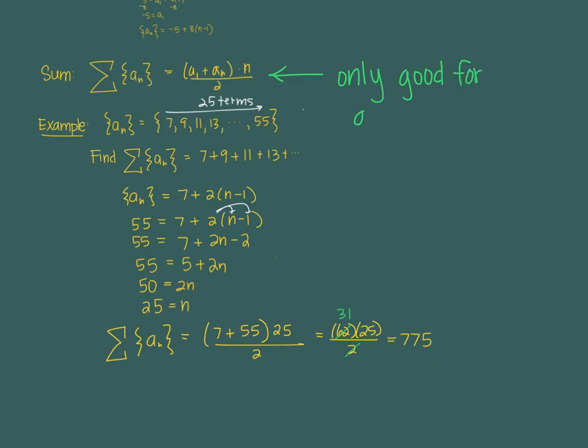So if the pattern is not arithmetic, if it is not adding or adding a negative number, then these formulas are no good. I will give you some more formulas tomorrow for some other situations, but make sure you're only dealing with adding positive or negative numbers.